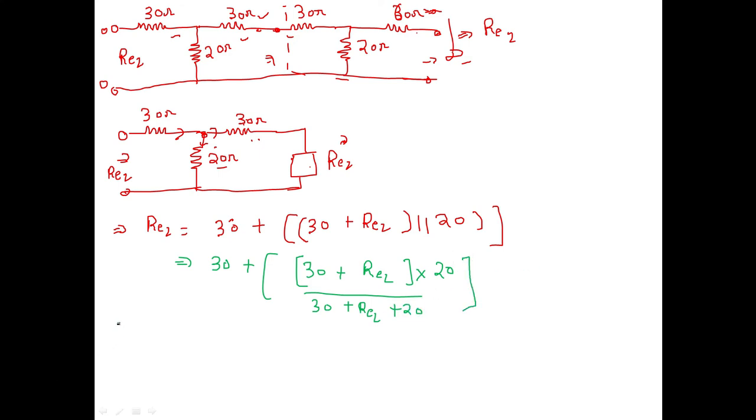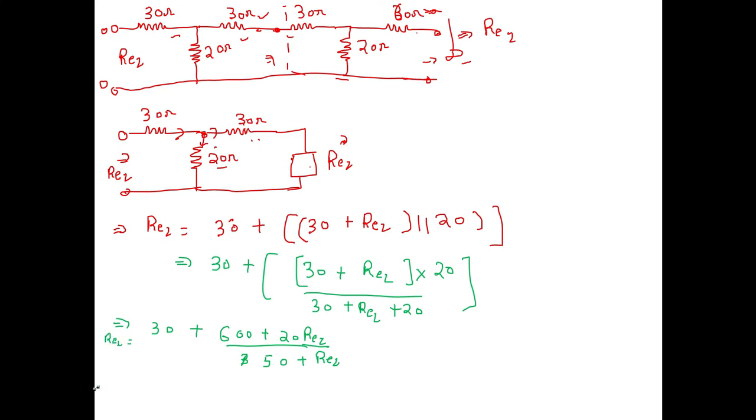Now if you solve it, we get 30 plus (30 and 20, 600) that is 600 plus 20 R equivalent, over 30 plus 20, that is 50, 50 plus R equivalent. So this is 50 plus R equivalent, with 600 plus 20 R equivalent, and this is R equivalent.